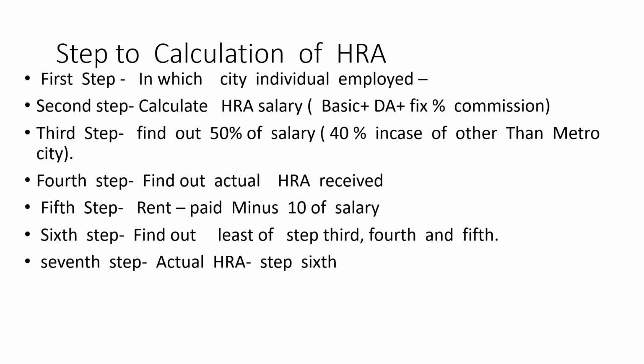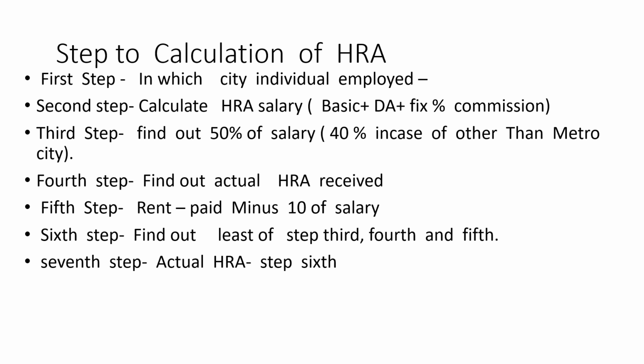Second step, calculate the HRA salary as I gave in previous slides. HRA salary means basic plus DA plus fixed percentage commission. Third step, find the 50% of salary, or 40% in case of other than a metro city.